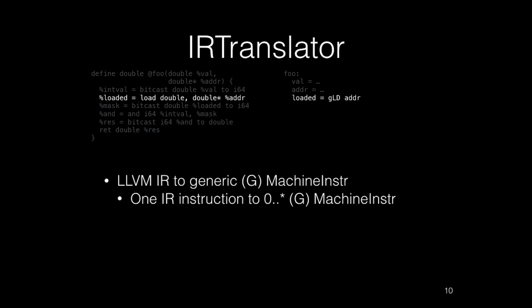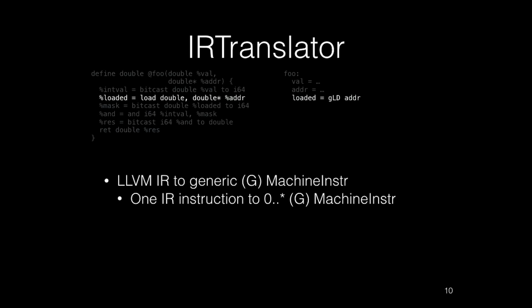Then we go to the load, and this, as you could expect, generates a generic load that is represented by this GLD opcode. For those who are familiar with machine instr, you know that the type of the operand and result of a machine instruction is encoded within the opcode. So if you have an 8-bit load, you would have an LDI8, and if you have a 16-bit load, you would have an LDI16.